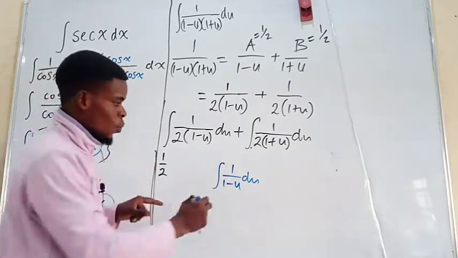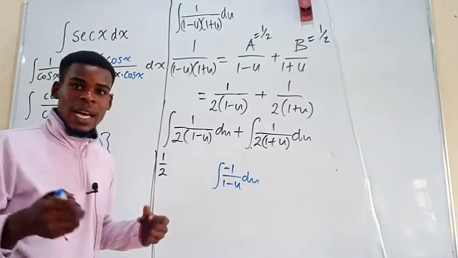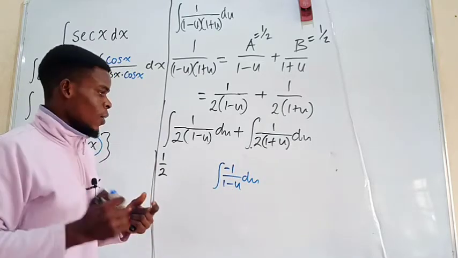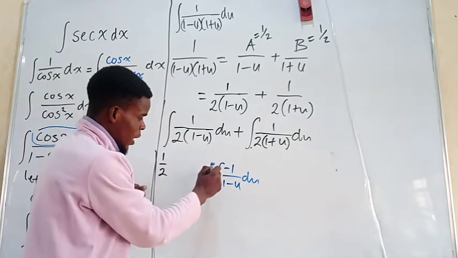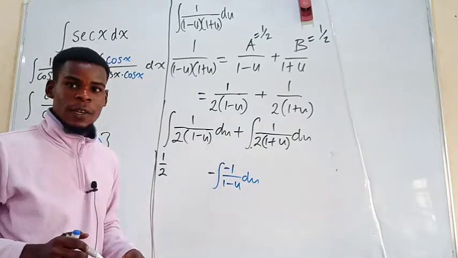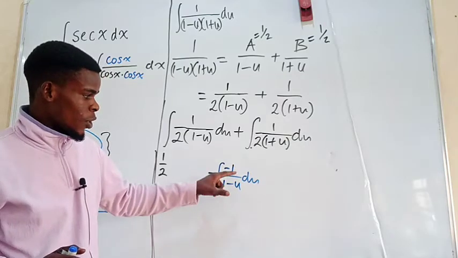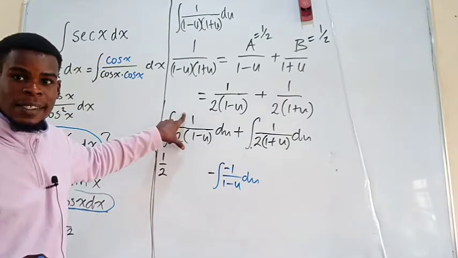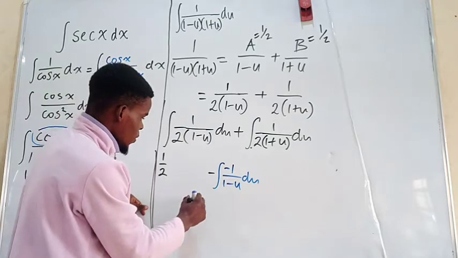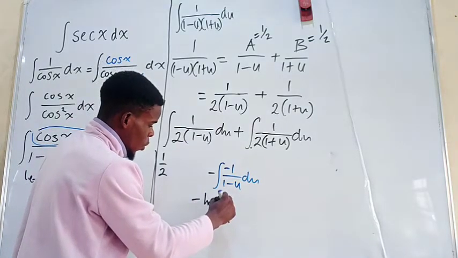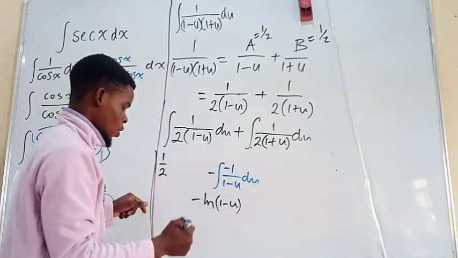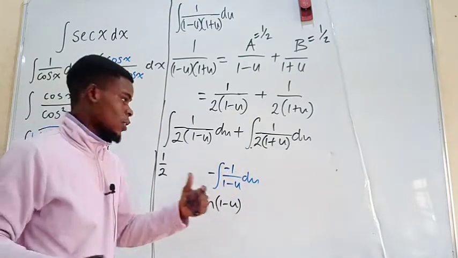So I would like to multiply the top by negative 1 so that we have negative 1 on the top. But I'm going to multiply by negative again to cancel out with the negative. That is, negative of negative 1 is giving us positive 1, which is the same thing as this. So here we can comfortably write this down as negative of the antiderivative of 1 minus u, because we know that the derivative of the bottom will just give us the top.